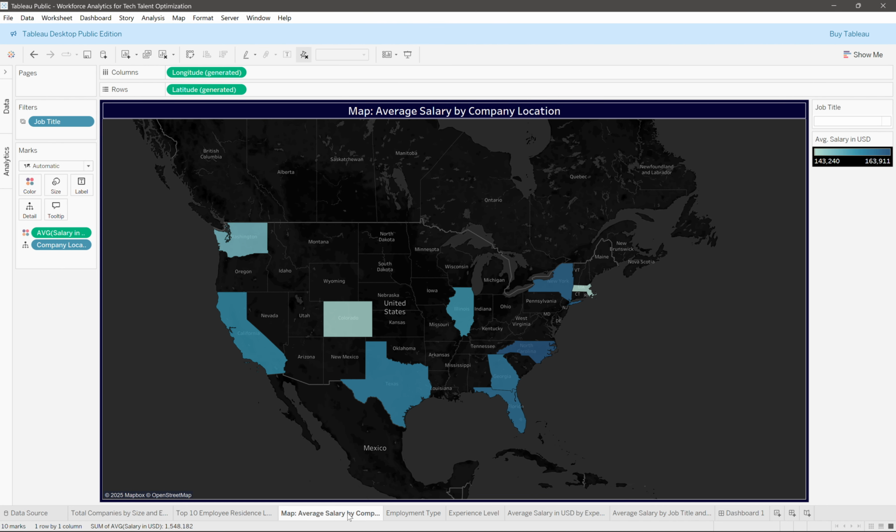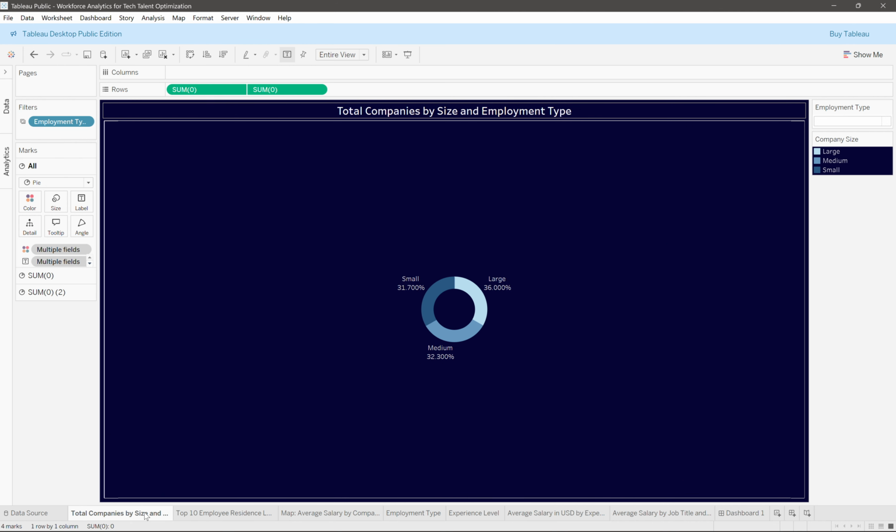Let's dive into company size and employment type. The tab view also explains how hiring behavior changes with scale. Smaller companies use more contractor and freelance ratios, allowing more experimentation and cost flexibility.